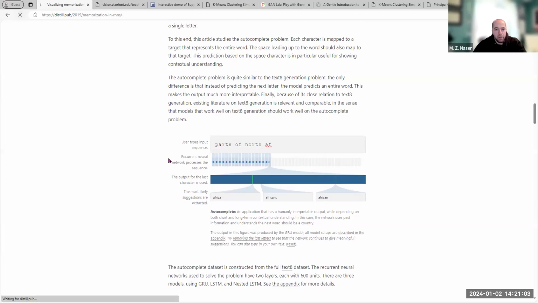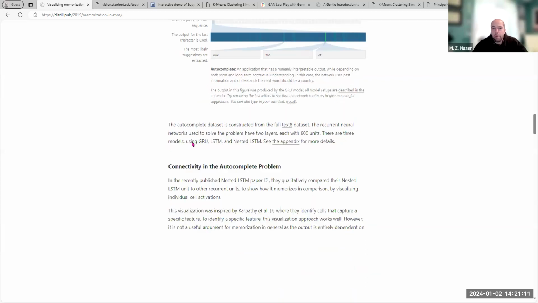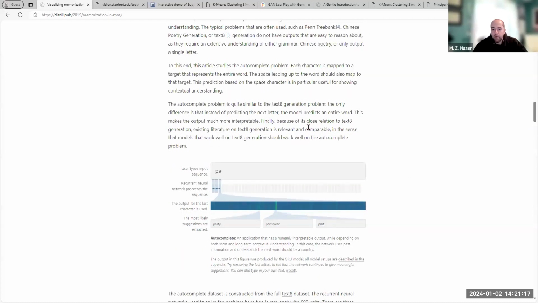I don't know, no, go back, go back. This is how autocomplete works. So you start typing a few letters, and then it tries to guess what the next letter is. And once you have a word, it tries to guess the next word, and then you have a sentence, and so on and so forth.